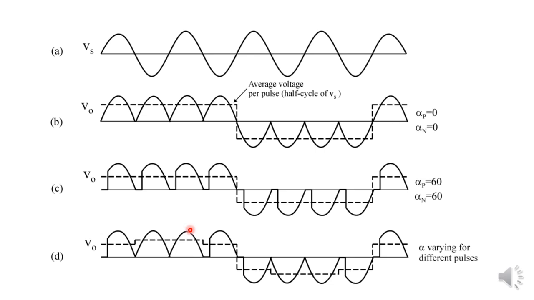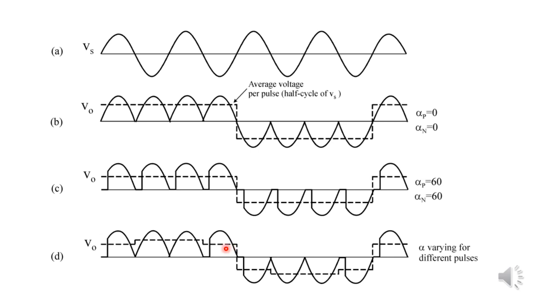Now in the third case, figure D shows a case when the firing angle is not uniformly controlled. That means for the first pulse firing angle is 60 degree, and for the second pulse firing angle is 0 degree, and for the third one also firing angle is 0 degree, and for the fourth one the firing angle is again 60 degree.